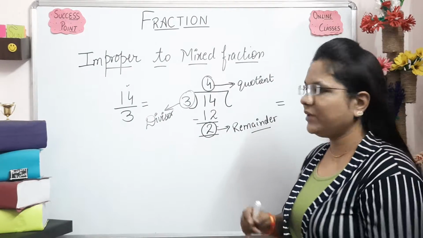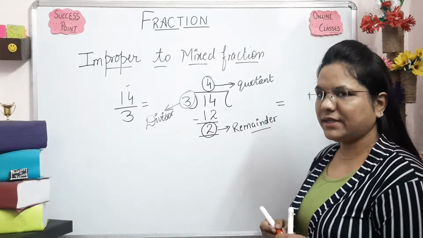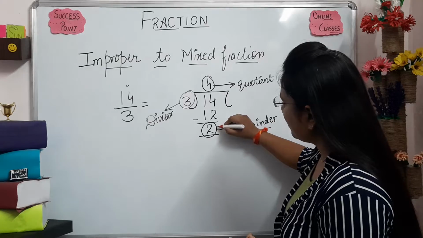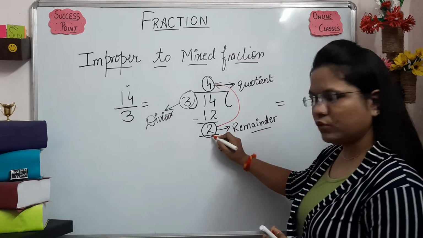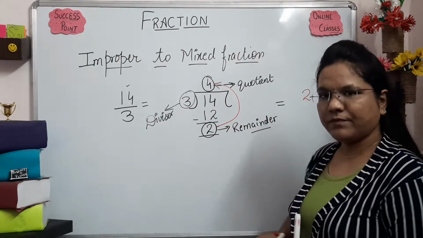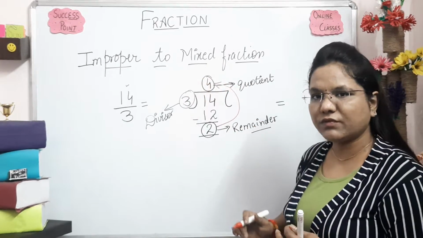So how do we represent this number as a mixed fraction? Let's understand, taking the example of a cycle. The remainder we have to take up, so 2 will be at the top. If we take this number up, this number also has to move somewhere.